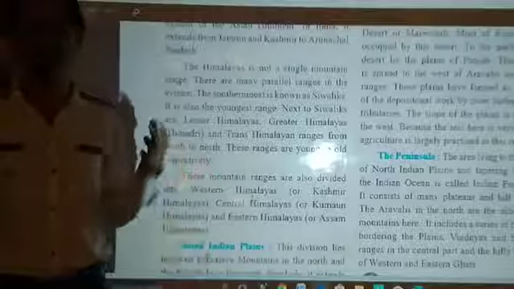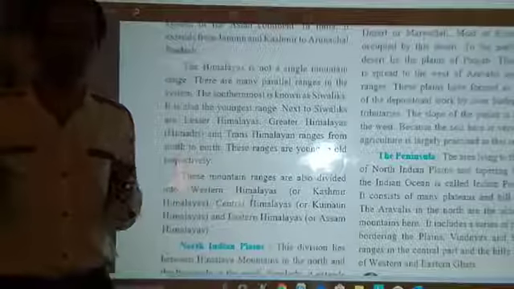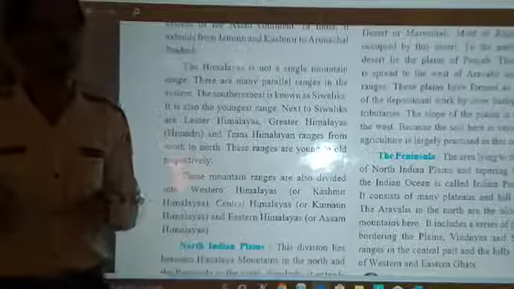Now, where is Western Himalaya? Obviously, you can see in the map yourself that the Jammu and Kashmir area is known as Western Himalaya. Whatever mountain ranges there are in Jammu and Kashmir are known as Western Himalaya. Then Central Himalaya, obviously Kumaon Himalaya, covers part of Uttarakhand as well as Nepal.